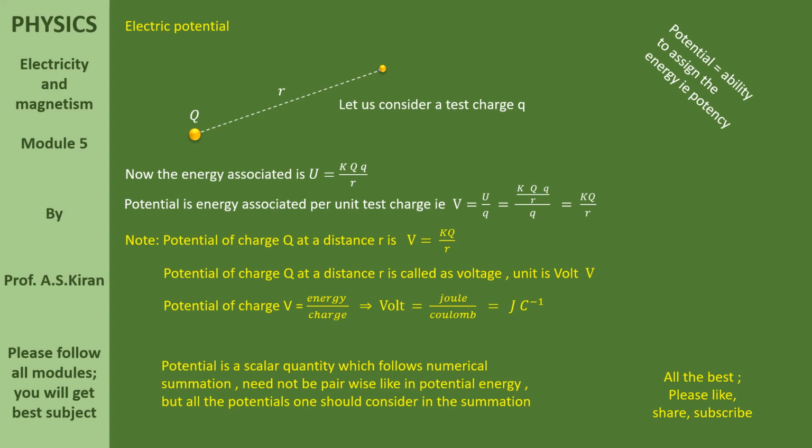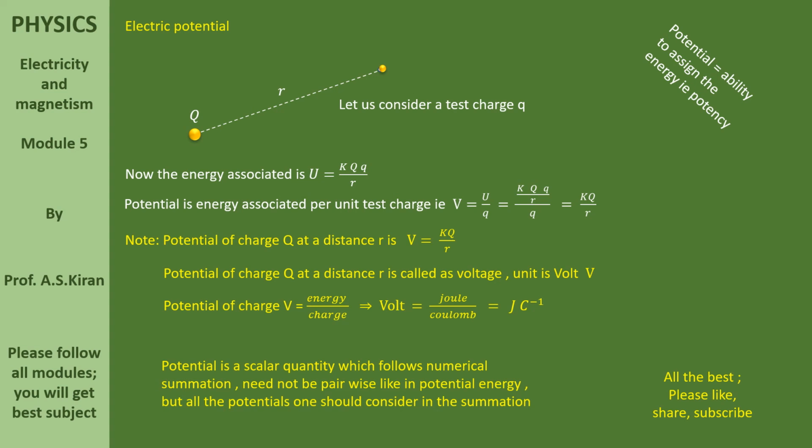Potential is a scalar quantity. Please remember, energy by charge: energy is a scalar, charge is also a scalar, so potential is also a scalar quantity, which follows numerical summation.